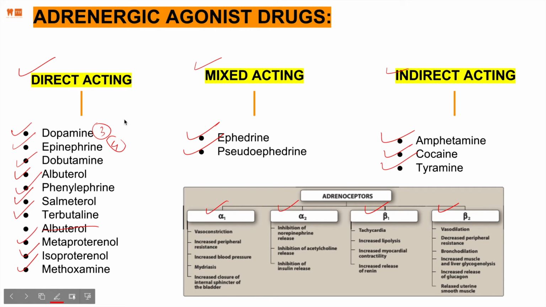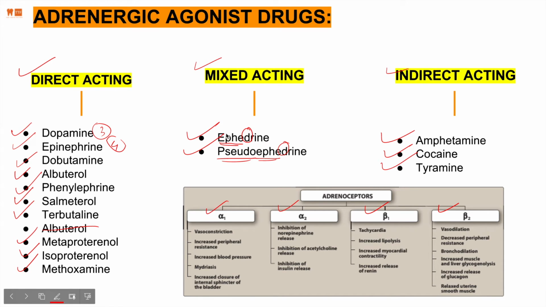Well, these won't be too hard to remember because we've always heard of these names before. So these are direct acting adrenergic. However, ephedrine and pseudoephedrine are basically those drugs that have epinephrine activity at dual stations, that could just be fake epinephrine.